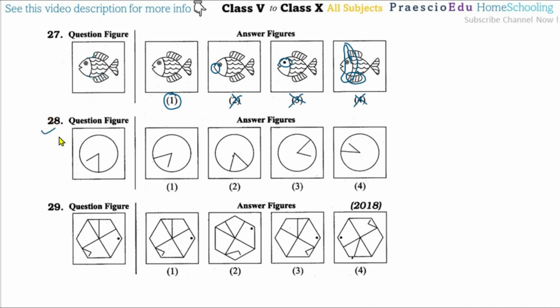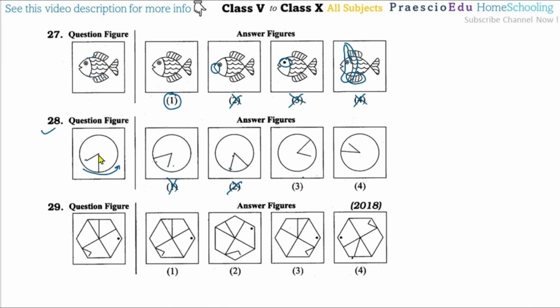Then question number 28, this is very important. This is somewhere around 7:30 on a clock. This is totally different, so option number 1 is incorrect. These two lines are touching the circle, so this is incorrect. Then if you rotate this figure somewhat, this point will become this one here, anti-clockwise, and you will get option number 3 matching with this one.